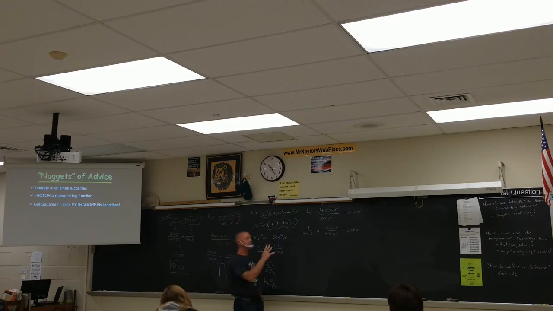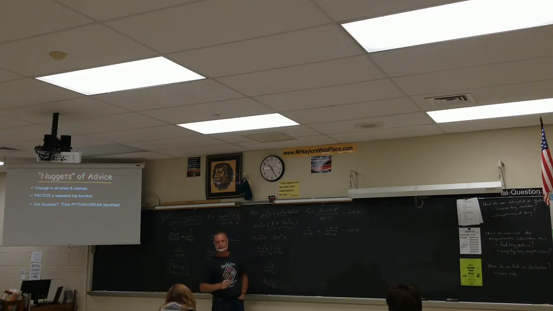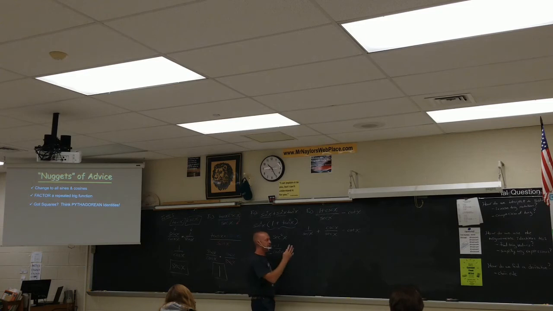One thing that I see here is that everything on the board is really a sine or cosine in disguise. Let's go that route. 1 over secant is really just cosine in disguise. Now, here's another opportunity to consider Mr. Naylor's little reciprocal trick.